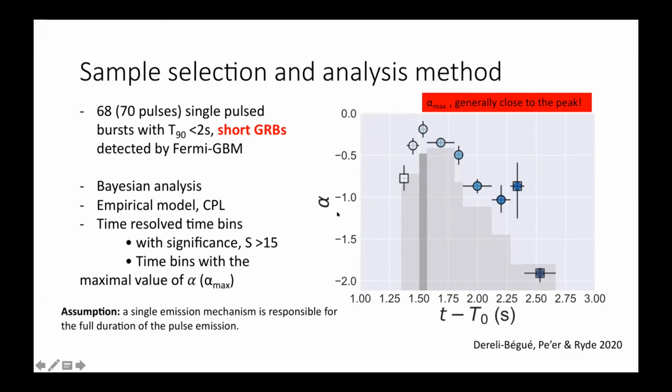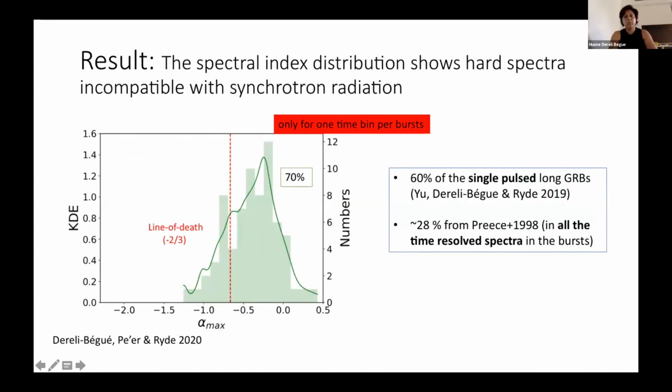And here you can see the distribution of the alpha. We select the hardest alpha, which is generally close to the peak of the pulse. So then for each source, we get this hardest alpha, and we plot the distribution of this hardest alpha.